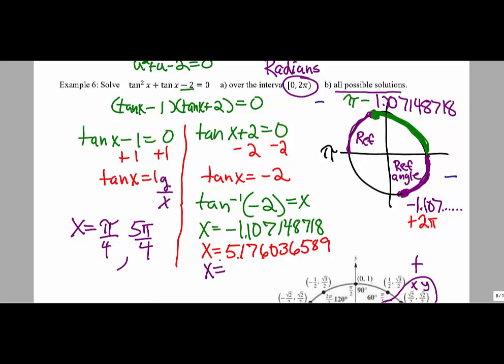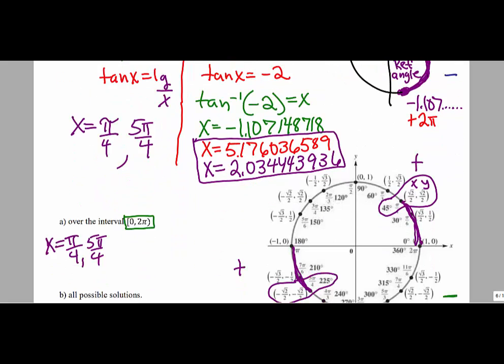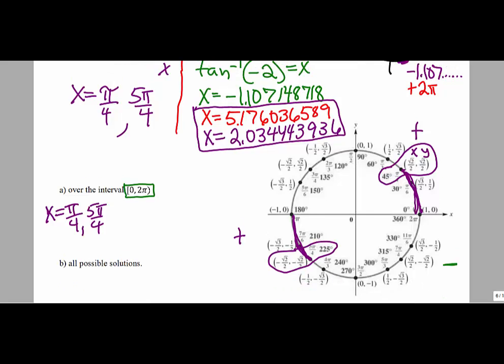So that angle would be 2.034443936. So we get two more solutions for this equation. They look kind of weird, but that's okay. So we're going to write those two down as two more of our solutions. We have 5.176036589, and then the quadrant 2 angle.